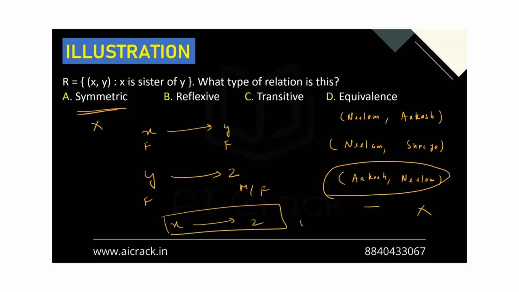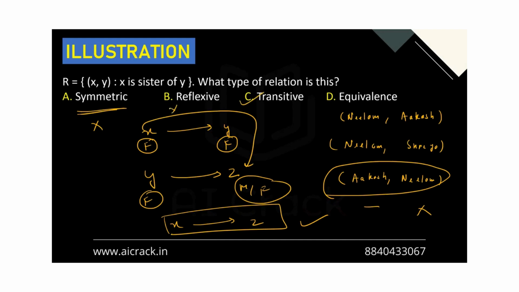Is it true? Yes, it's true. It includes all the elements where x is sister of y, y is sister of z, and x is sister of z, right? That's true. Because this is female, this is female, this is female, this is male or female. But if we combine x and z, this is also true, right? So that's why it's transitive. It's not reflexive, it's not symmetric, but it's transitive.